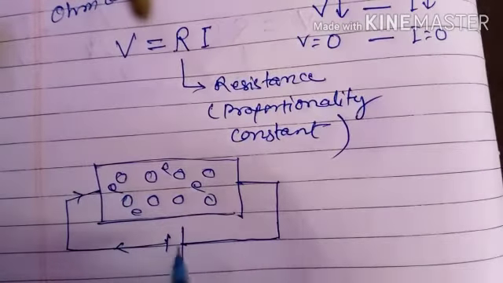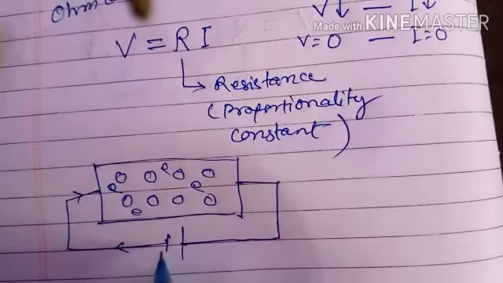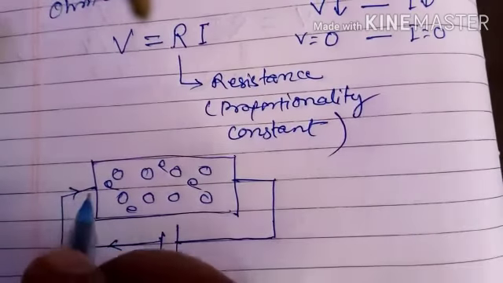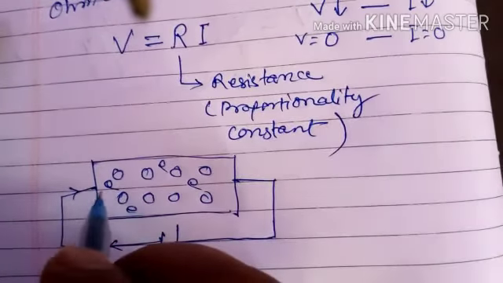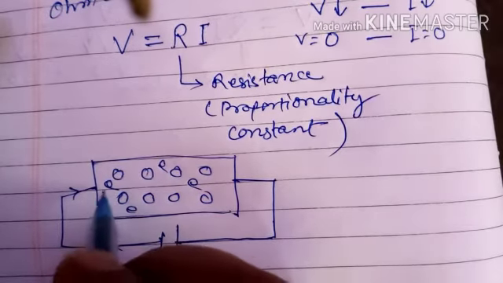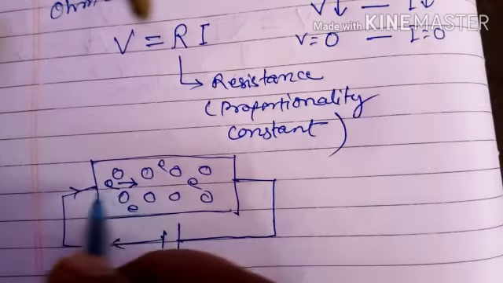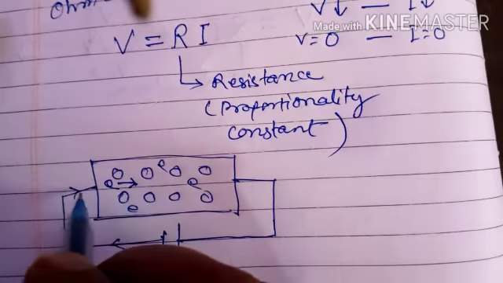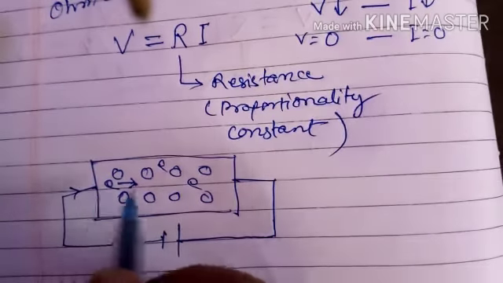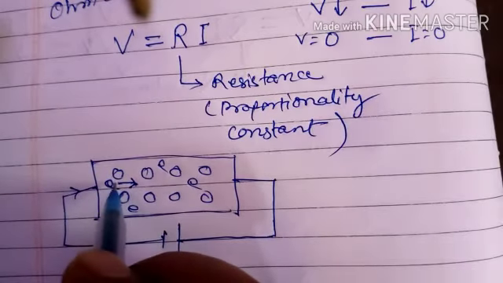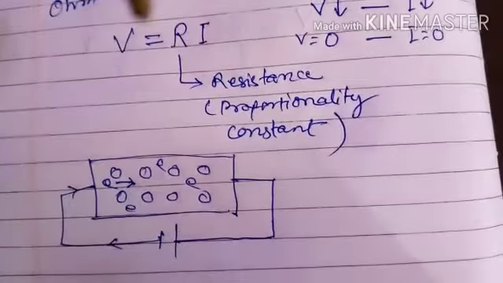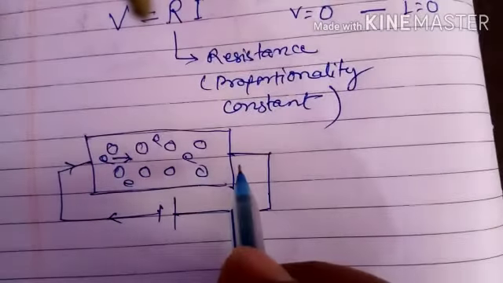So when electrons start flowing from the cell, the electrons present in the conductor are repelled by the electrons of the cell, and that's why they start moving in a particular direction. So this starts moving in a particular direction, students.